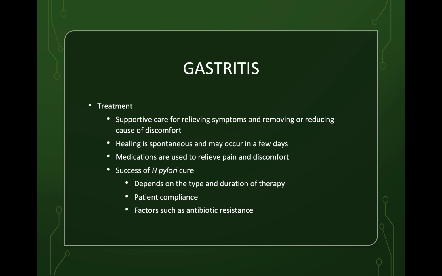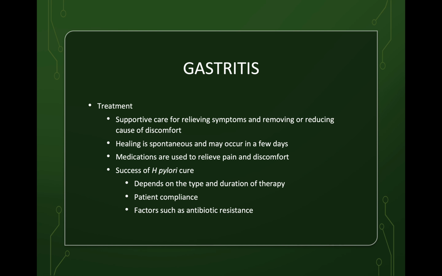H2 receptor antagonists also decrease the amount of acid that's being produced in the stomach. These are things like ranitidine, which is Zantac, or cimetidine, which is Pepcid. They have that common ending of tidine. That's one way that you can recognize that it is an H2 antagonist. And again, many of these are available over the counter that you can just pick up at your local pharmacy.